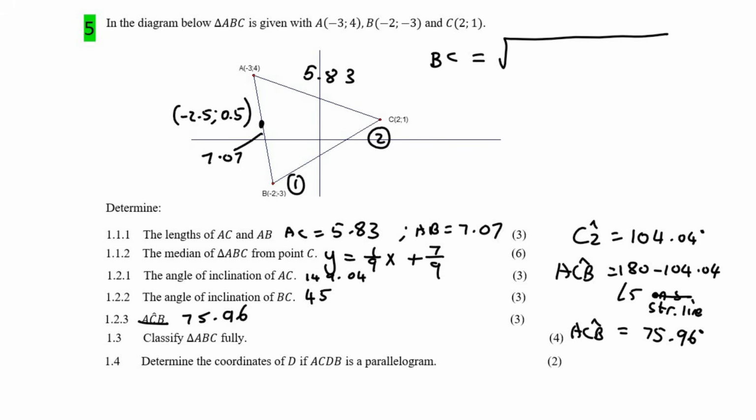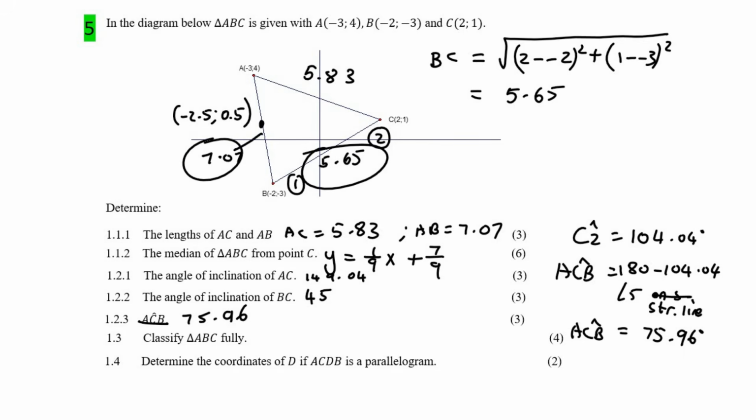And so that would be 2 minus 2 plus 1 minus 3, and that gives us 5.65. So we can see that all three of these are different. When the three lengths of a triangle are different, then it's called a scalene triangle. If two of them are the same, isosceles, and if three of them are the same, equilateral.